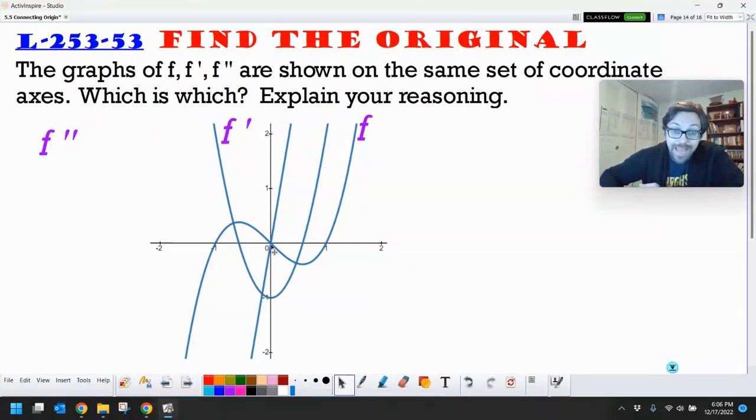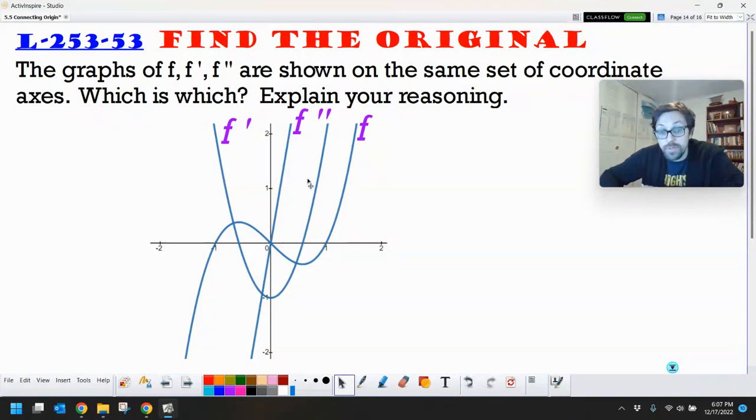And then it has a point of inflection right here where it shifts from being concave down to being concave up. So its second derivative should shift from being positive on this interval and negative on this interval. And hey, that's what that straight line from the beginning is doing.